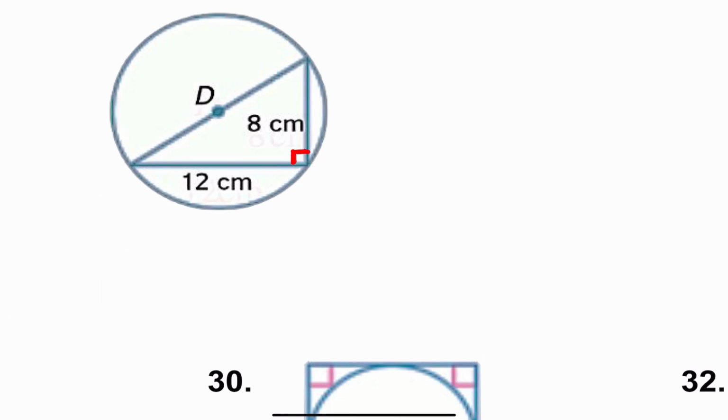So if this is my right triangle, we have 8, 12, and then, okay, this right here, we know that D is the center point, and that this here is a chord, and that chord is going through that center point D. This is the diameter, okay? So this here is the diameter.